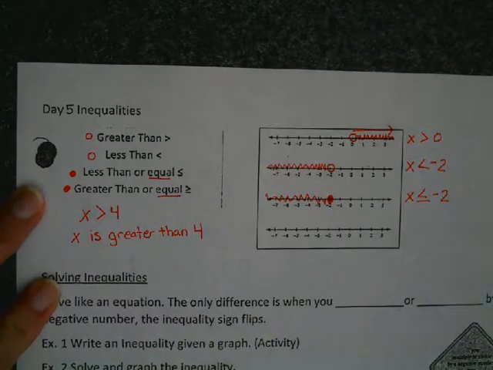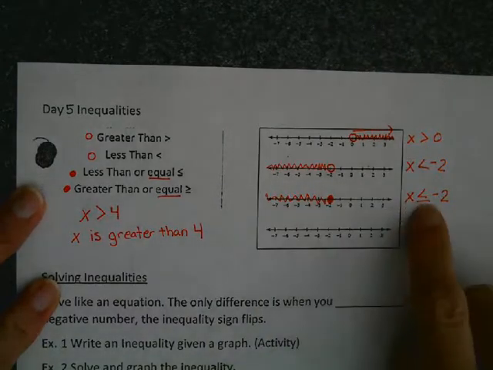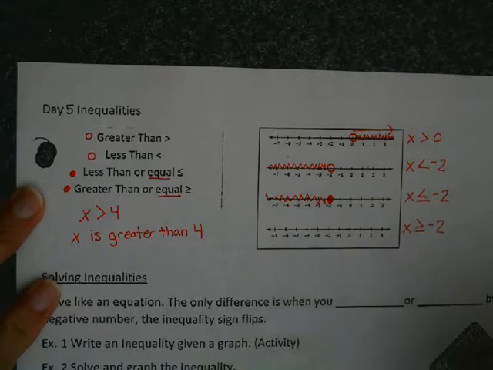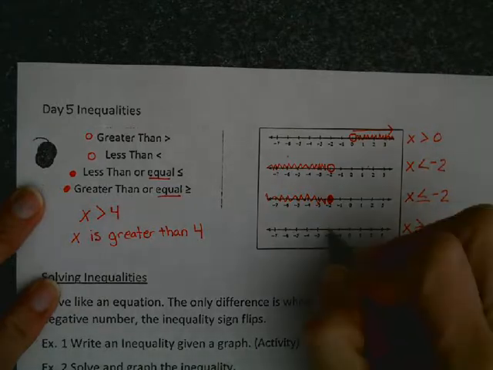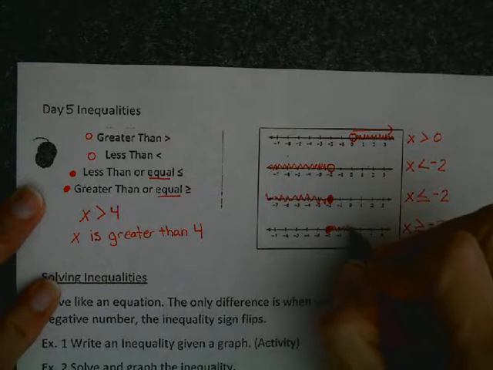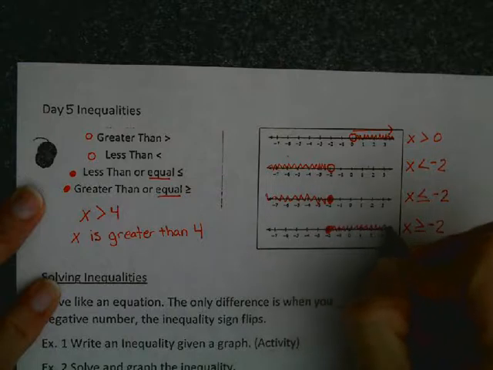This works because you're reading from the x value. So let's say this one I say x is greater than or equal to negative 2. It's still equal, so I'm going to put a solid point at negative 2. But greater than, these numbers to the right are greater than negative 2.